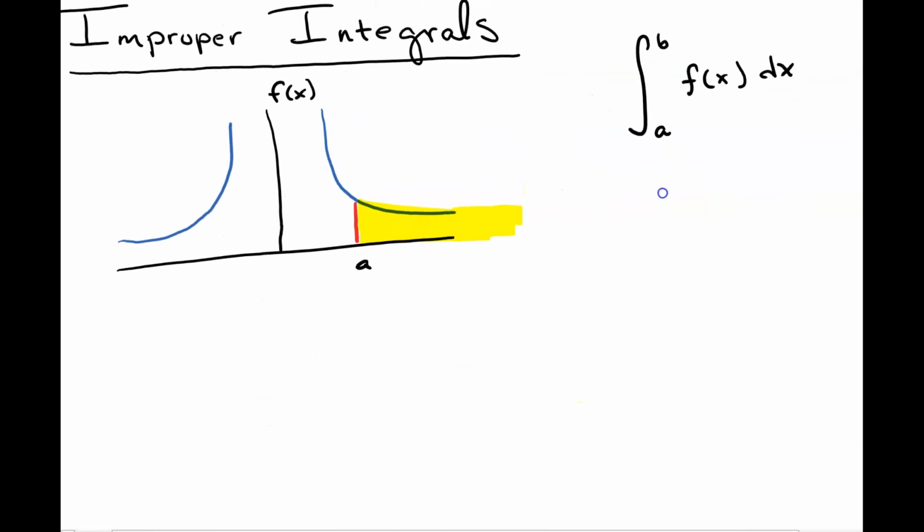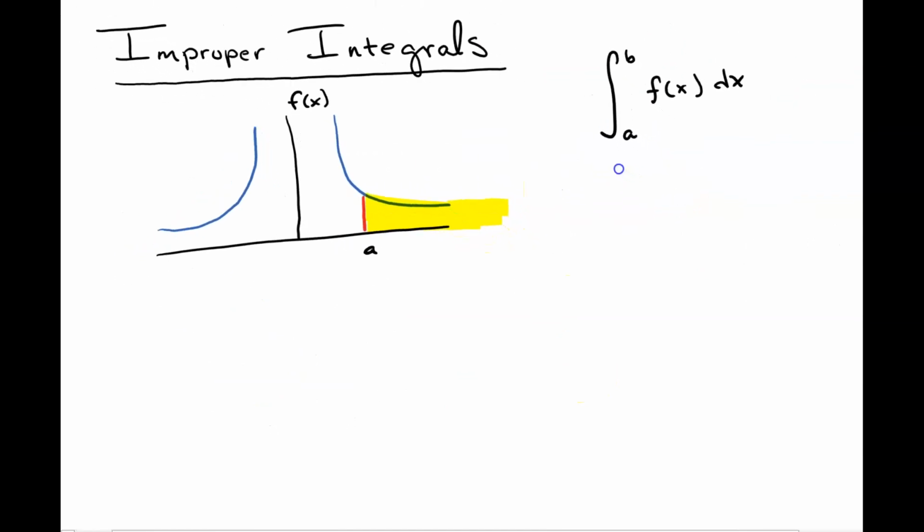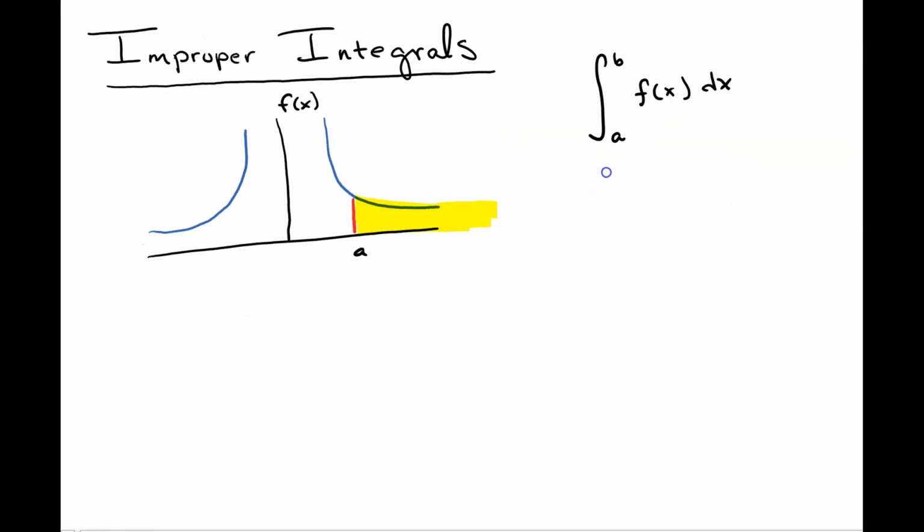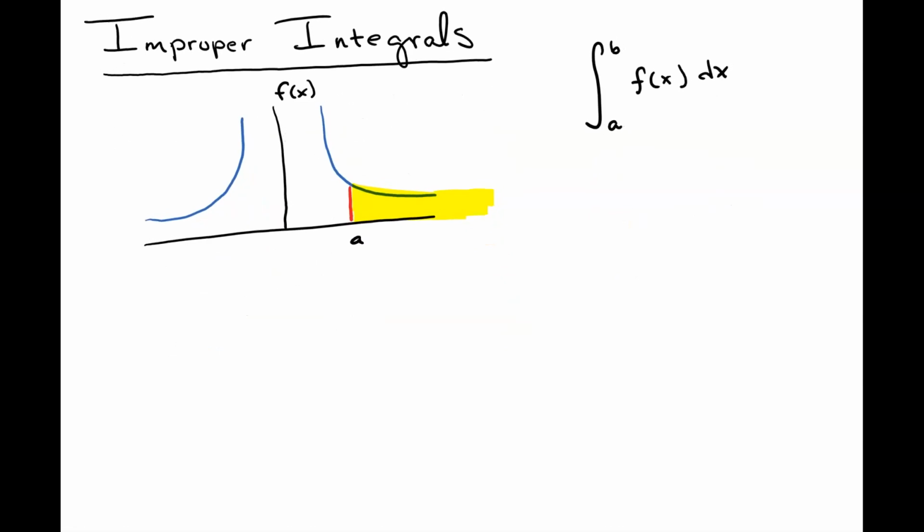So we have to evaluate this using what we call improper integrals. The integral would go from, suppose, a to infinity. So we would need to rethink this in terms of the concept of a limit. That's what makes this improper.